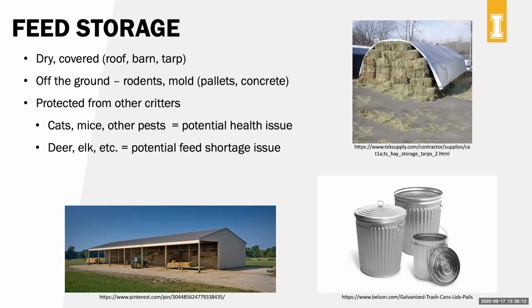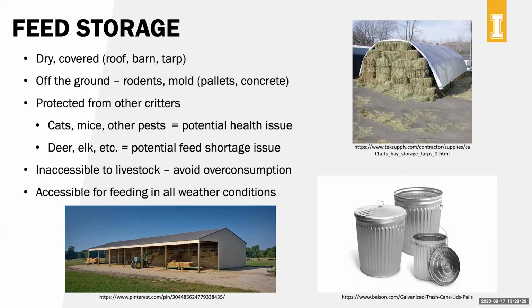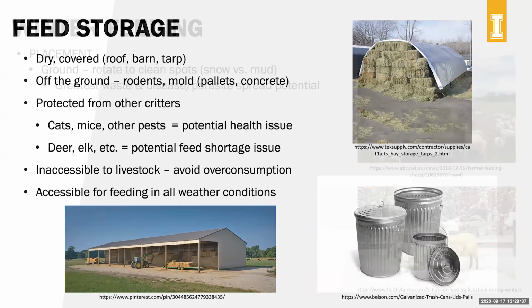And the last thing you need is to run out of feed in the end of February. You also want to be able to keep it away from your livestock, because one of the biggest ways to kill a sheep or a goat, as you well know, is to let them overindulge in something they should not. But also make sure that wherever you're putting your feed, you're going to be able to have access to it even in bad weather conditions.